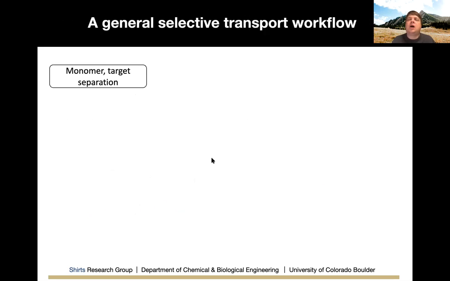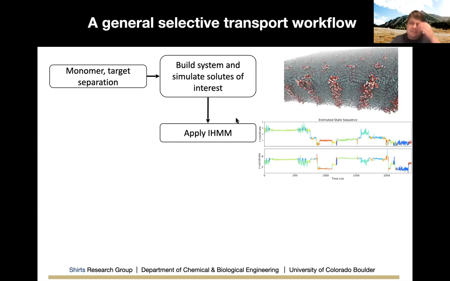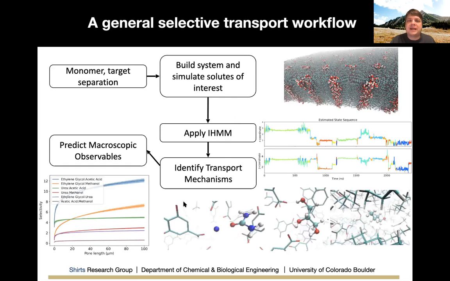And so what we could do is then build, and we're working on doing it, and Ben has put most of this work together, a general selective transport workflow to help us design, where you simulate a monomer, you build systems and simulate the sites of interest, and apply this infinite hidden Markov model to identify how many states there are, what their properties are, use that to identify transport mechanisms, and then from that predict macroscopic observables.